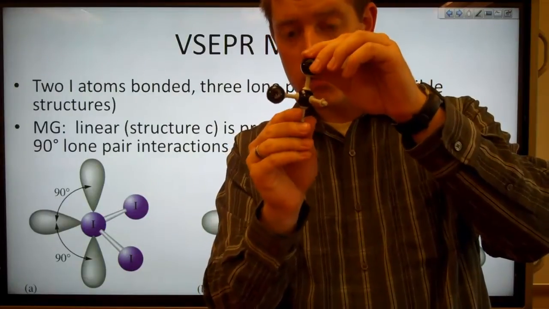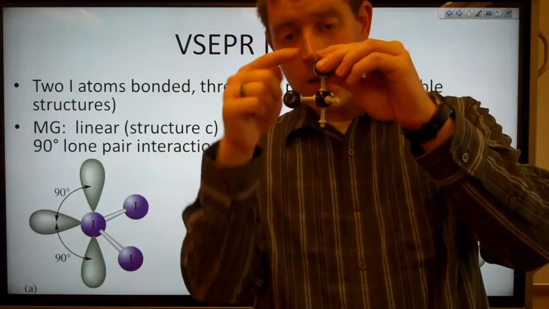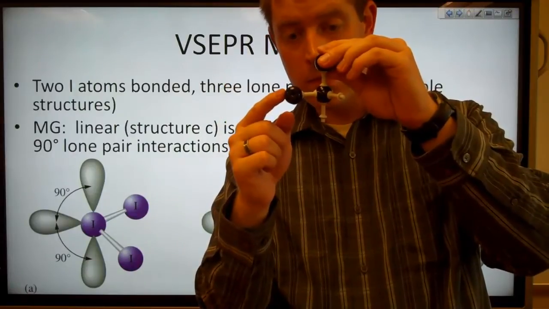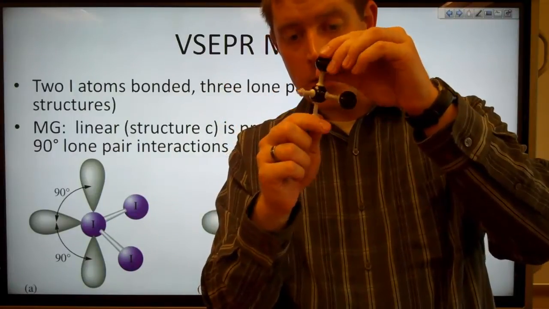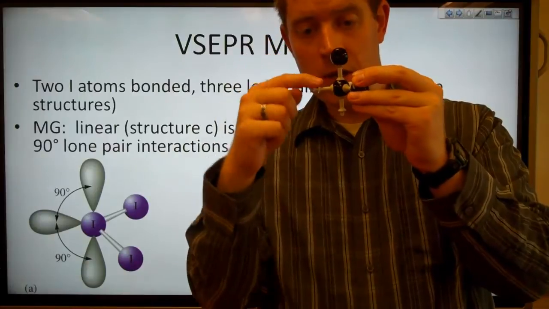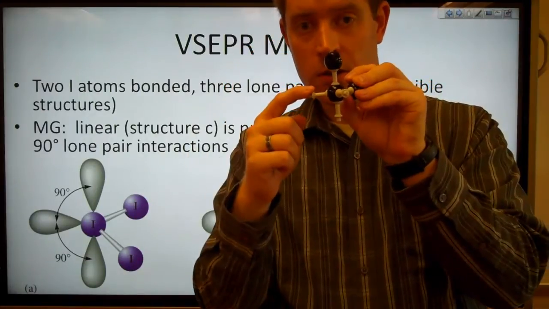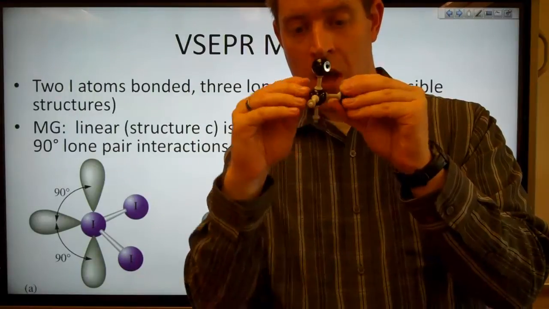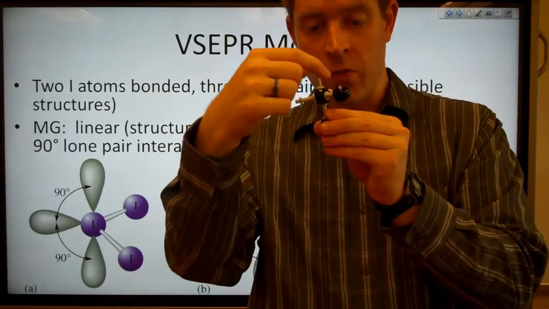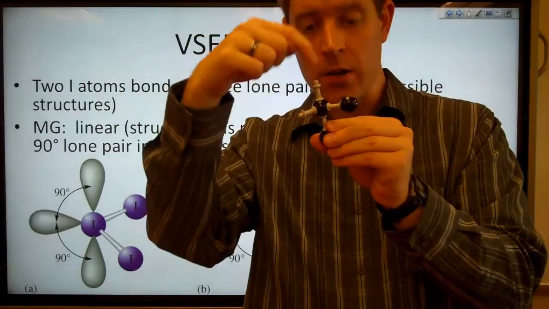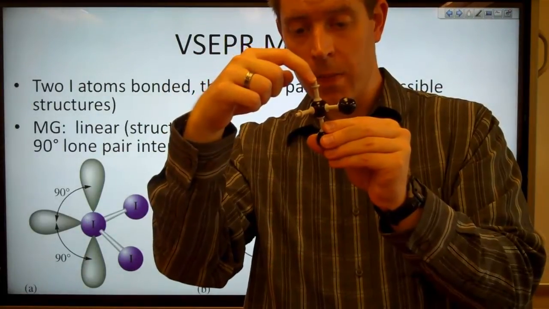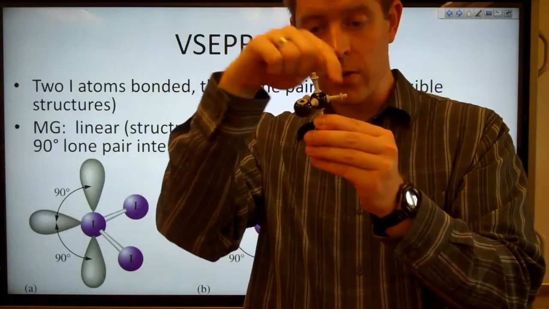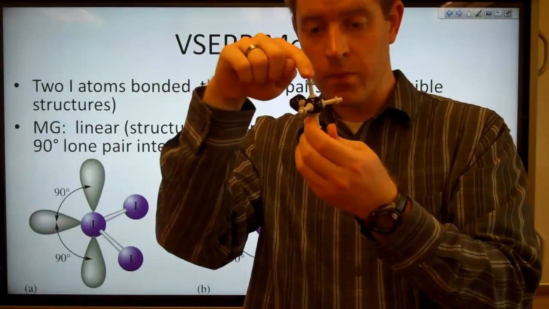Now this gives us a 90-degree angle between our 2 atoms. And it gives us 90-degree angles between these 2 lone pairs and that iodine. And it gives us, with this iodine, a 90-degree angle here. It gives us 90-degree angles between these lone pairs.